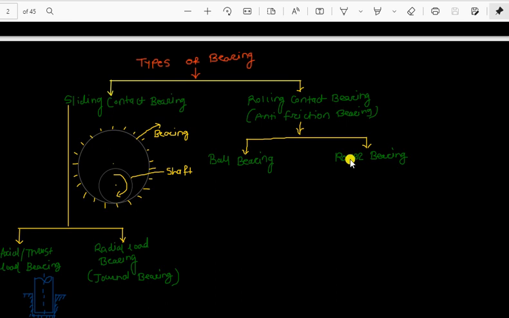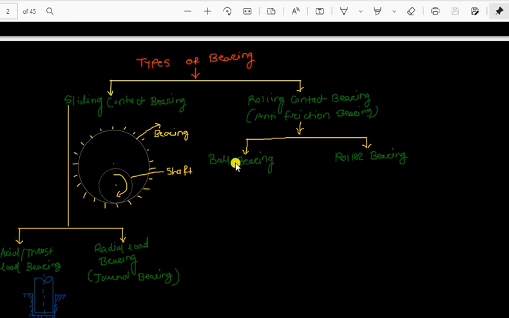This roller bearing is used in the gearboxes of heavy vehicles, which I have seen and worked on in a particular project. It was the roller bearing, or more specifically the roller cage bearing, which was used in the 407 vehicle of Tata. That is a heavy vehicle generally used for earth moving applications.